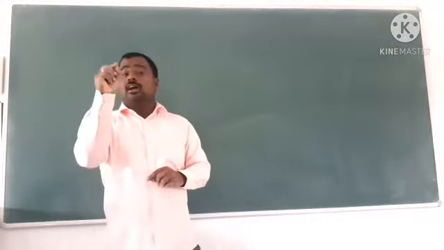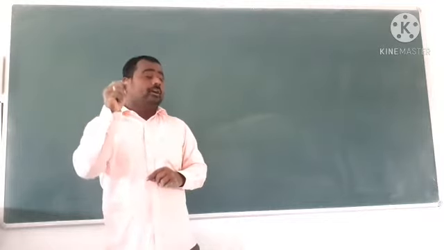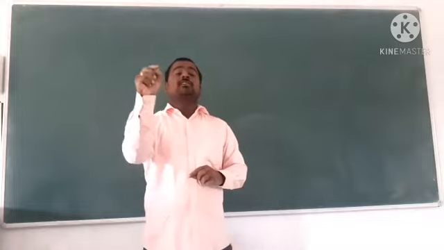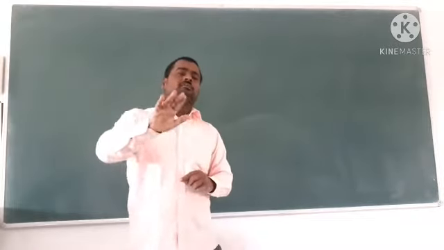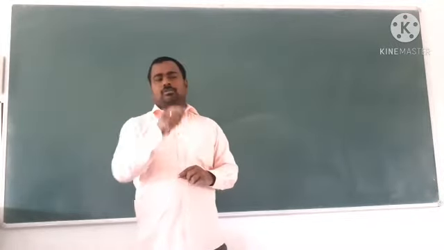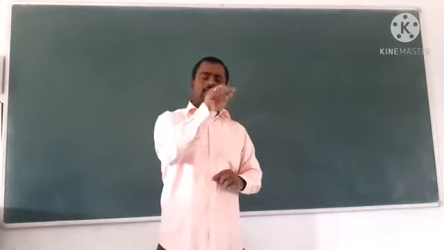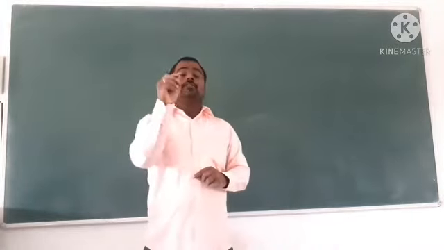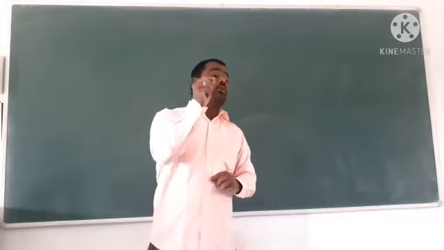Differentiability: what is d by dx of u v? It is u v dash plus v u dash. Keep one term constant and differentiate the second term: u constant, v dash, plus v constant, u dash. This is the product form.